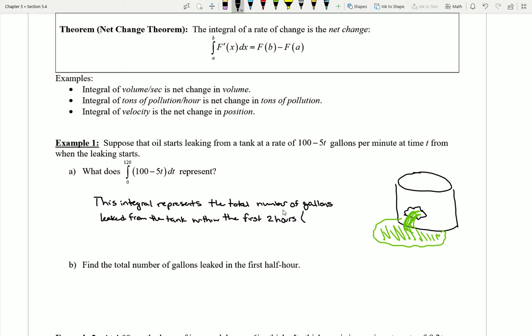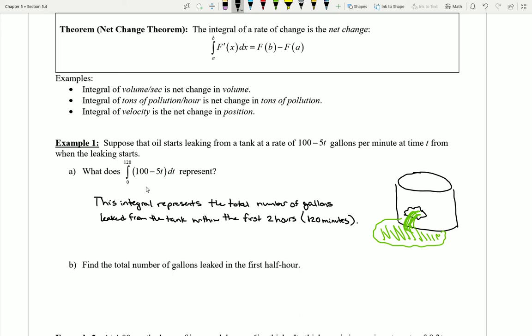And I'm getting 2 hours here because if I go from 0 minutes to 120 minutes, well, 120 minutes is 2 hours. So notice that this is how quickly the liquid leaves. Then what I'm calculating is how much total liquid has left.